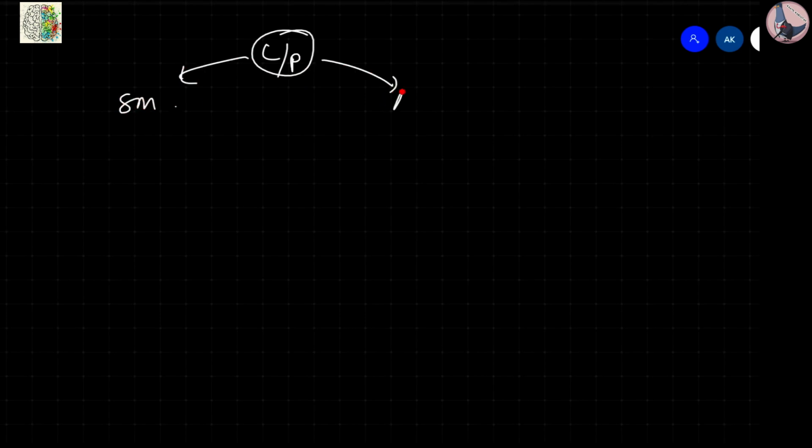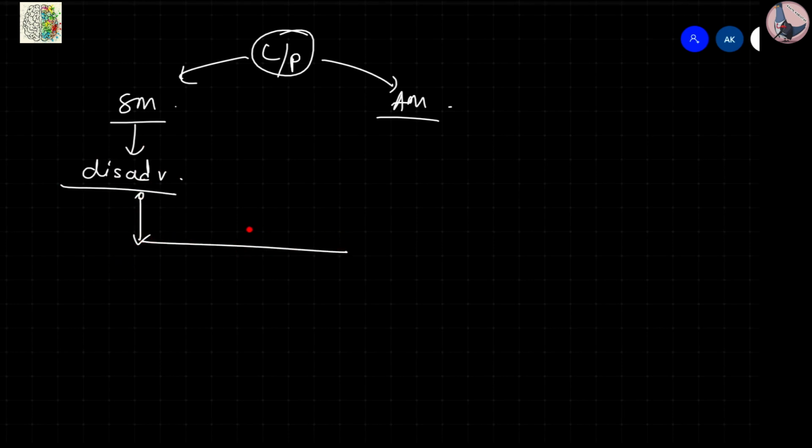Now let's see what all we discussed today. Today our plan was to compare subtractive manufacturing and additive manufacturing. First I laid out the disadvantages of subtractive manufacturing, then how one digital database was made.